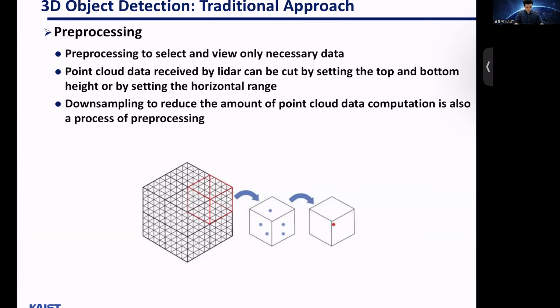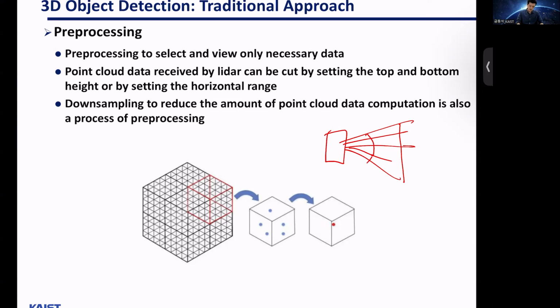Preprocessing. Point cloud data received by LiDAR can be cut by setting the top and bottom heights or by setting the horizontal range. So usually the LiDAR has this vertical field of view, which is defined by the vertical angle.